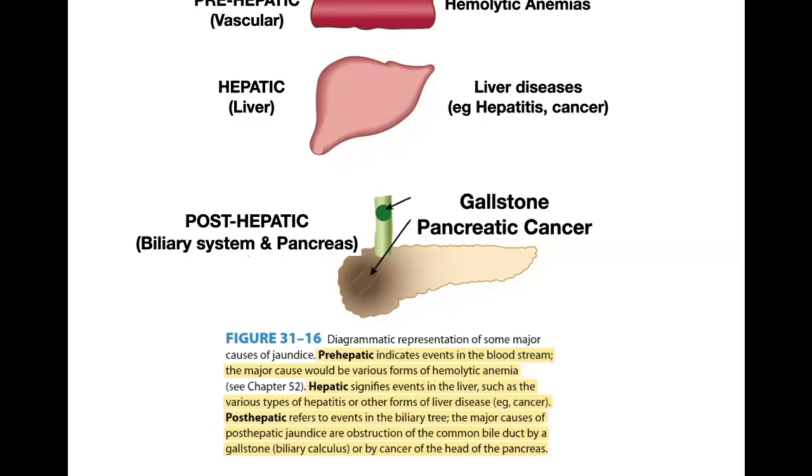The examples in Harper's: prehepatic or vascular is hemolytic anemias; under hepatic we have liver diseases such as hepatitis and liver cancer; posthepatic, the biliary system and the pancreas, gallstones and pancreatic cancer.